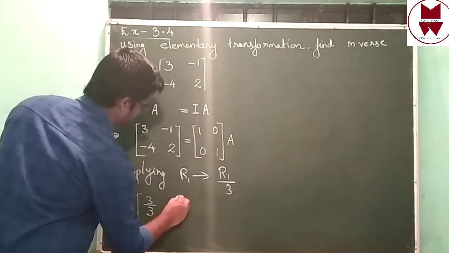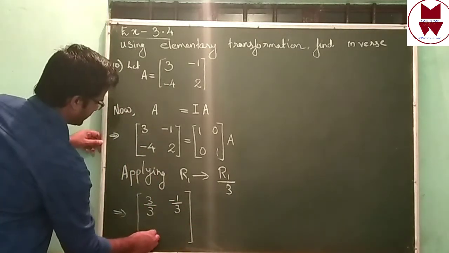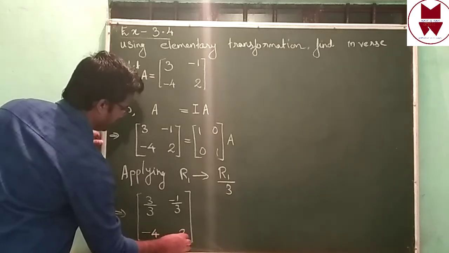Then minus 1 by 3. The second row we do not need to change: minus 4, 2.